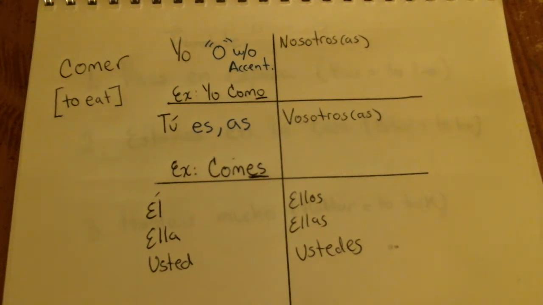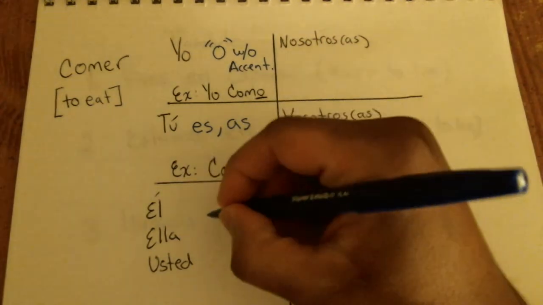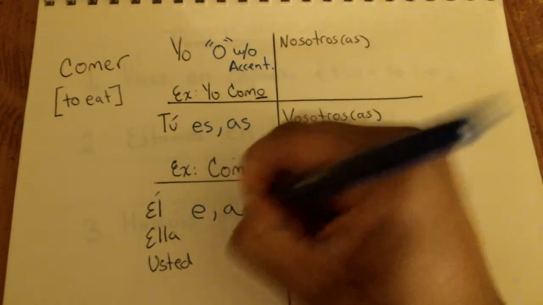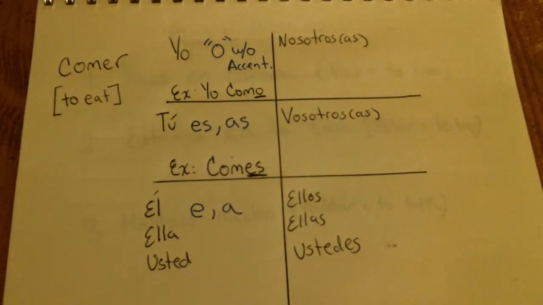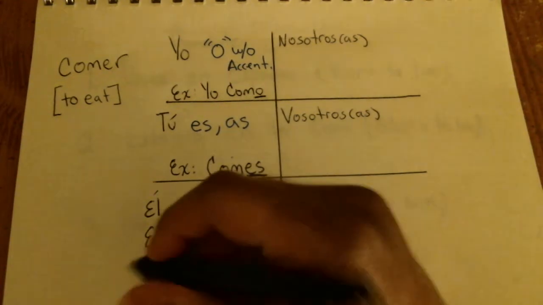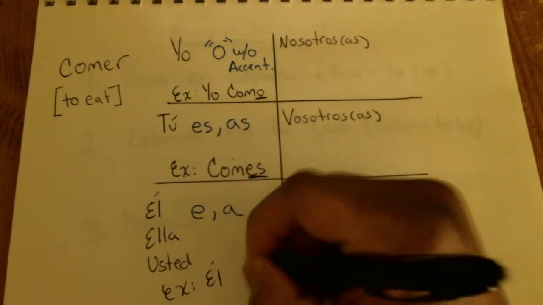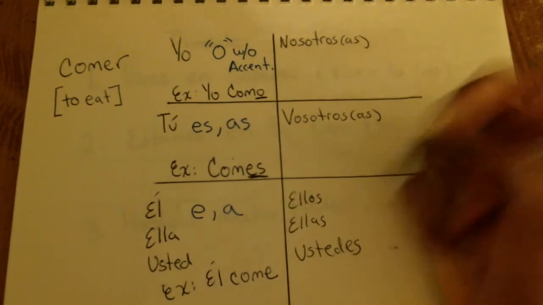Now for él, ella, and usted, typically your endings are going to be e and a. That's straightforward, okay? You'll see some exceptions, but that's when we get into the past tense, but we're not there yet. So we're going to take our time through this. An example would be if I said, "él come," okay?